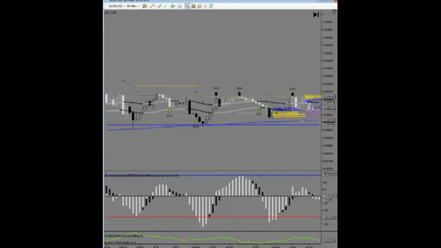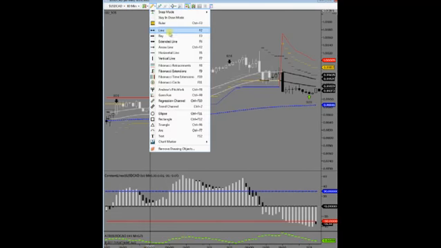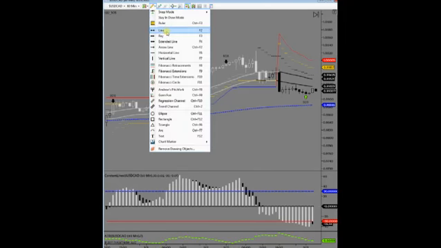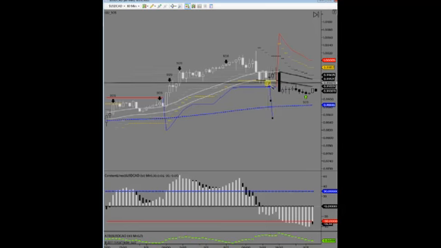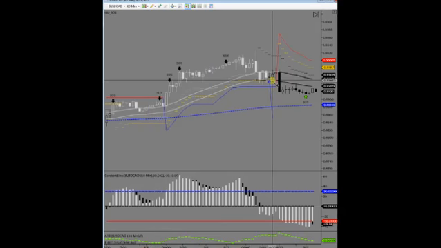Going into the actual chart, I took an entry here, with stops.